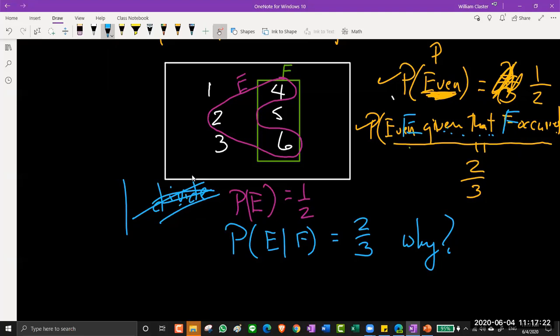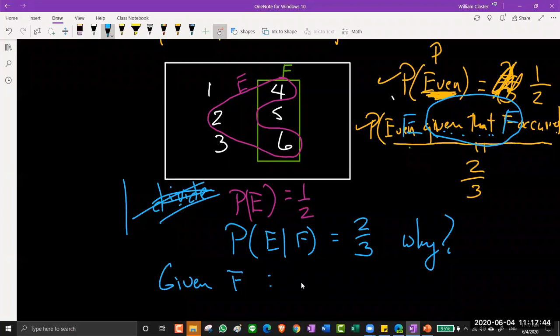Right, that's right. So when we said given F, that means now we're stuck in the green box. We can't be outside the green box. So when we say given F, that means essentially the new sample space is F.